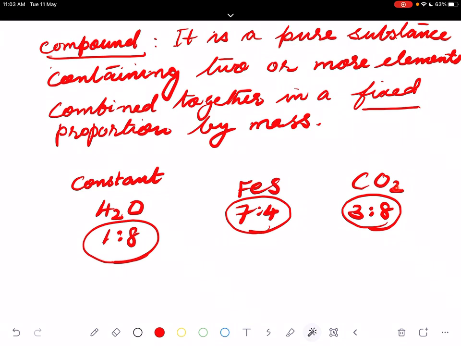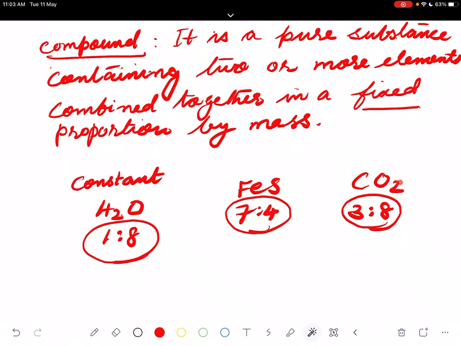We shall study in the next chapter that these elements are combined according to a particular law known as the law of constant composition.